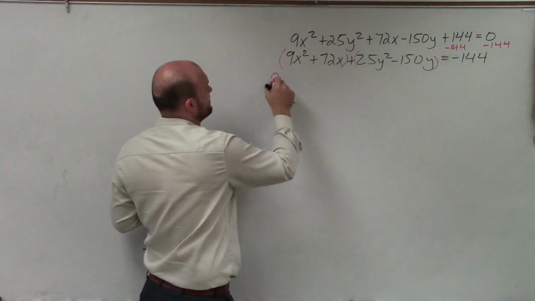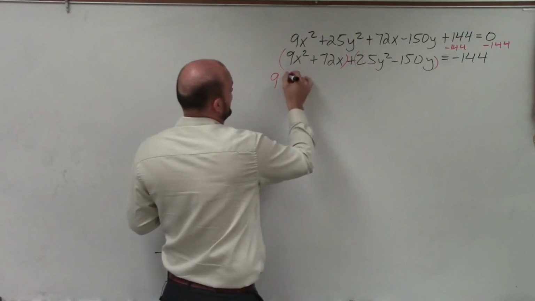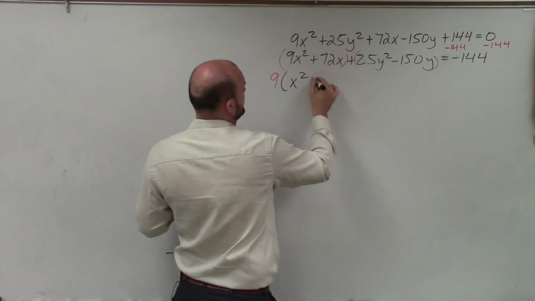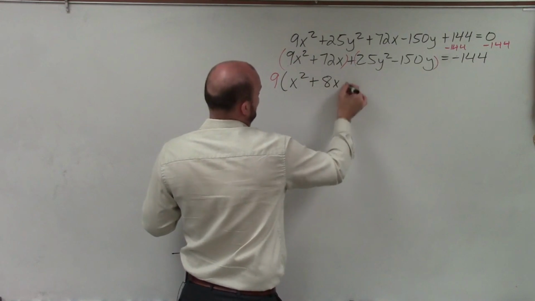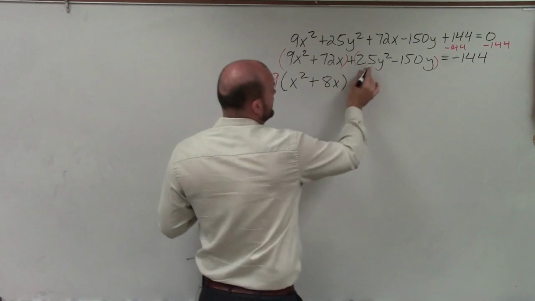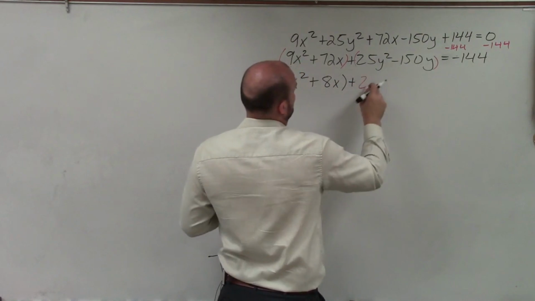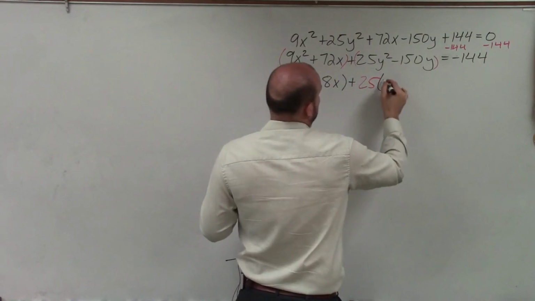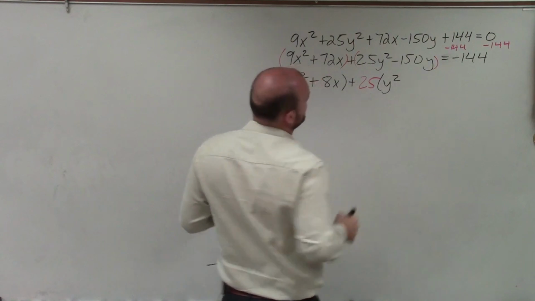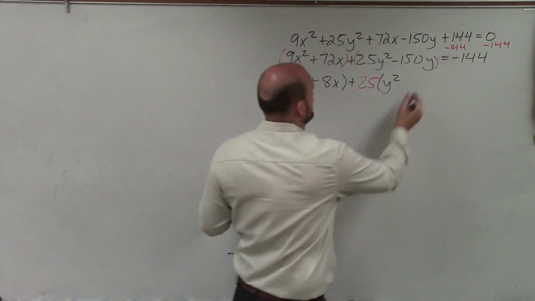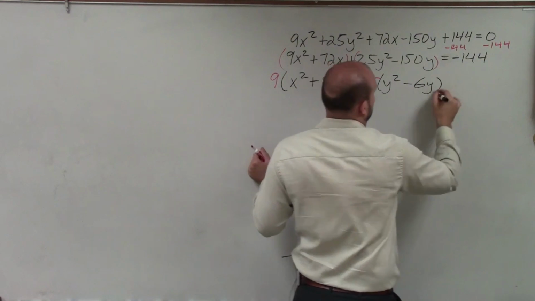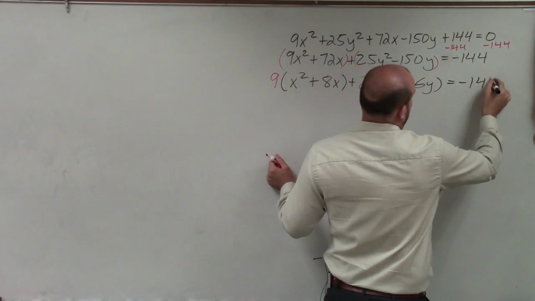In this case, I'm going to factor out a 9, and I'm left with x squared plus 8x. And then here I can factor out a 25, and that's going to leave me with y squared minus 6y equals negative 144.